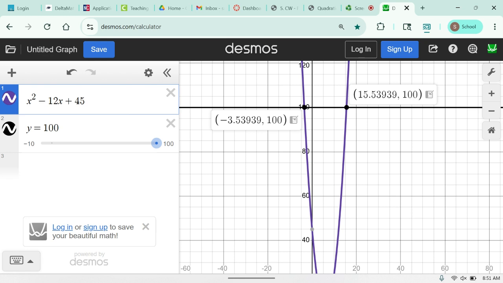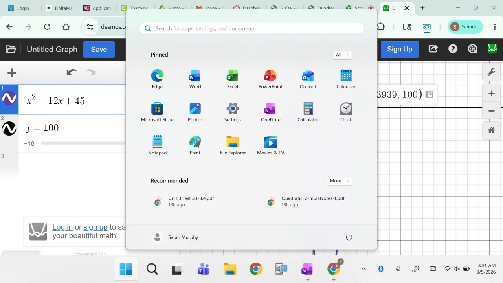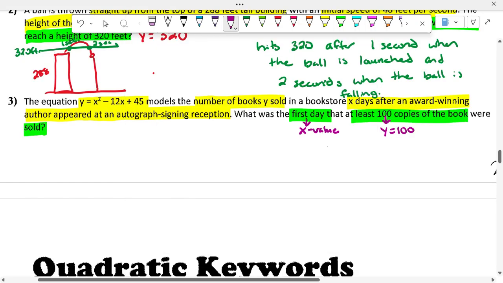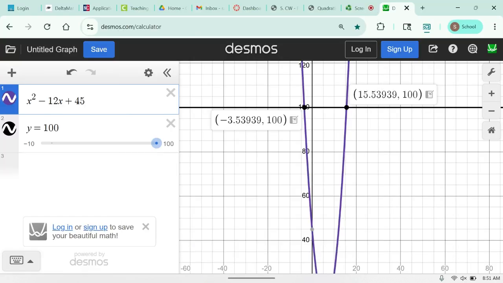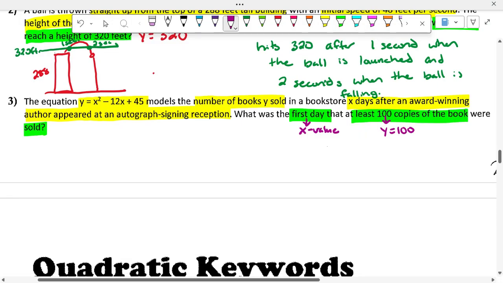So 16 is what the answer would be. So the first day that at least 100 copies of the book were sold. Actually, I lied. It's actually the 15th day, because since they sold it halfway through the 15th day, they reached 100 copies. It's still on the 15th day. Sorry. So after 15 days.